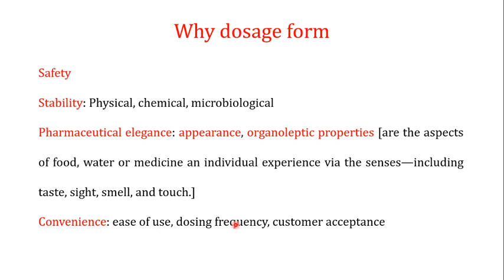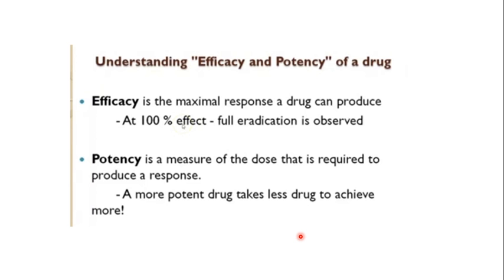Dosing frequency is very important, because if there are 10 tablets and each tablet contains 10 mg of the active ingredient, you actually know the dosage frequency. On the other hand, if someone gives you 100 mg and tells you that you have to take 2 doses of 10 mg twice a day, you will not be able to manage it. And customer acceptance is another important aspect of the drug dosage.